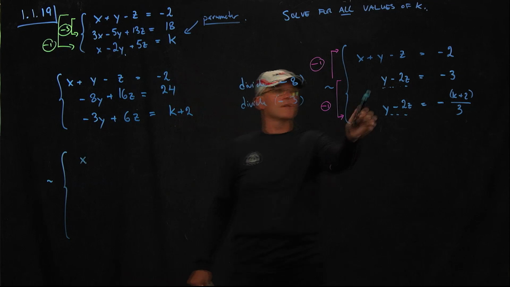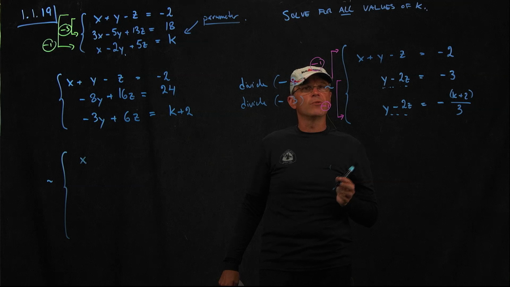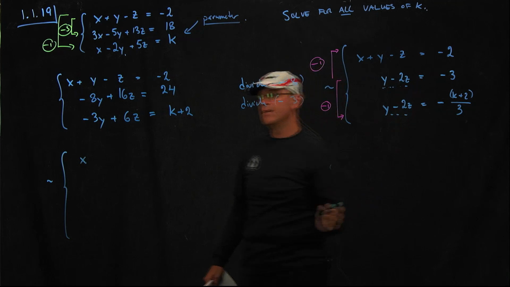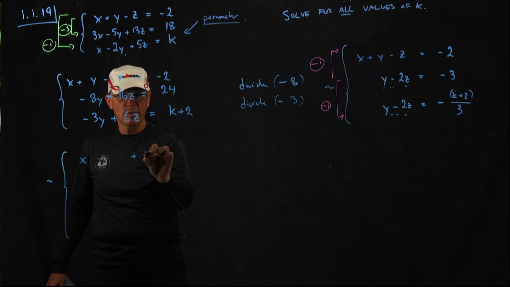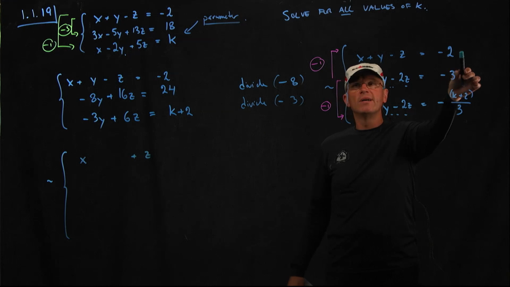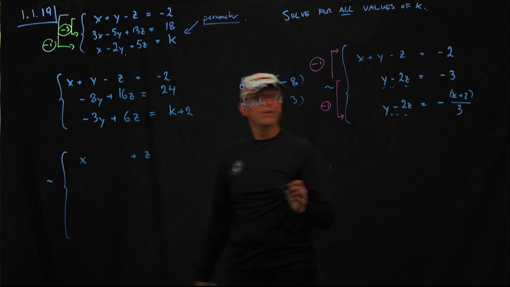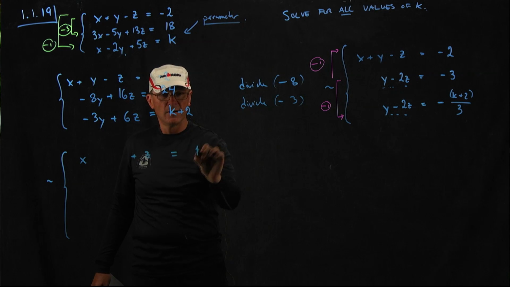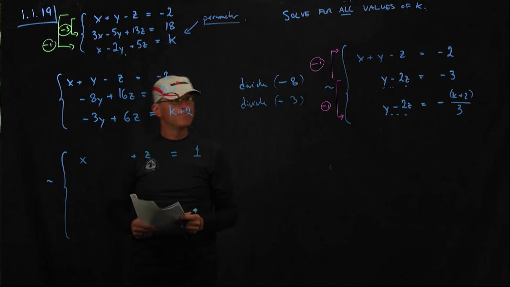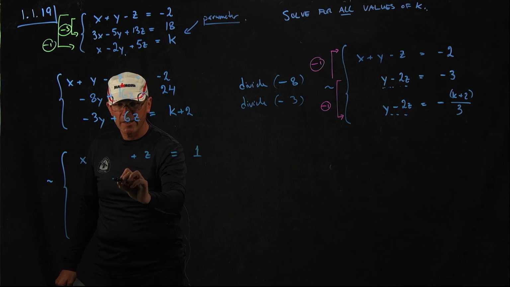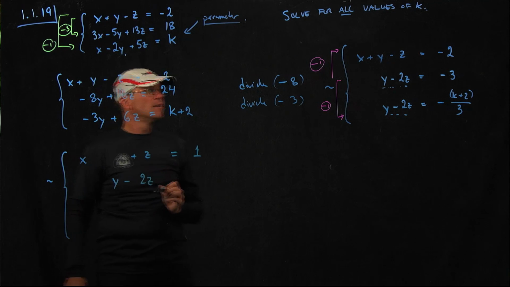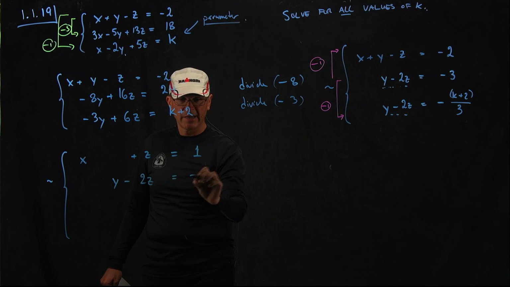We're subtracting y from y, so the y's go away. We have negative z, we're subtracting 2z, so we end up with a positive z. Right, and we have negative 2, we are subtracting negative 3, so we end up with 1. Right, so x plus z equals 1. Second equation stays, right, y minus 2z equals negative 3.